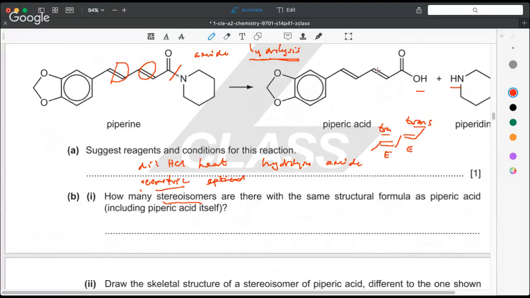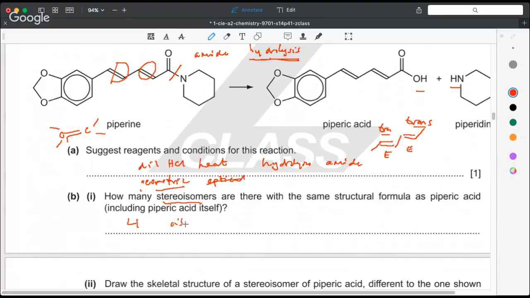And it's a bit awkward to see them in the way that they've drawn the skeletal formula here. But if you draw it out in the much more familiar way of drawing double bonds, there's the double bond, carbon at both ends, and then you've got the groups on either side of those carbons. Then you can see that you've got 2 trans bonds there, and the possibilities are you've got 4 different stereoisomers.